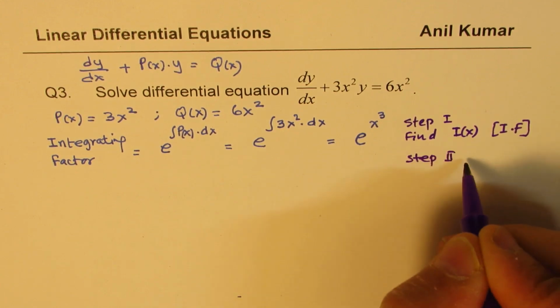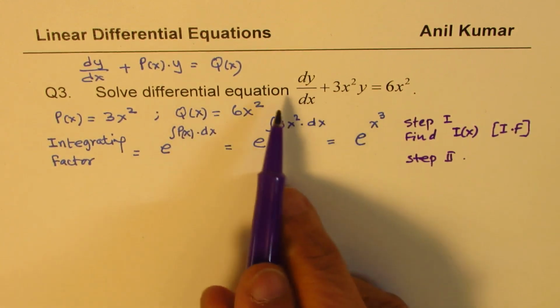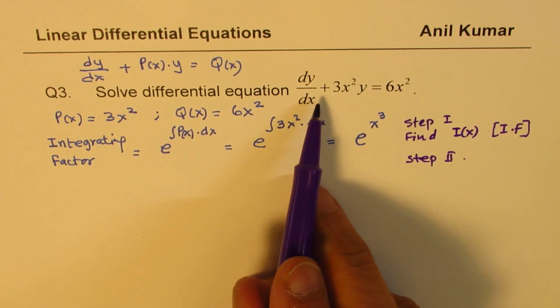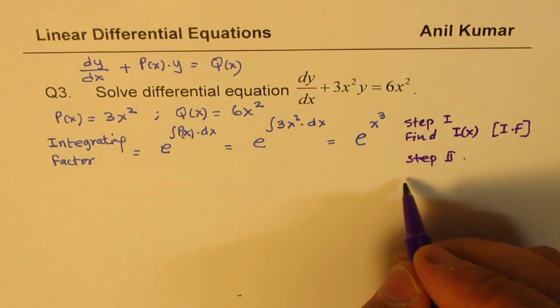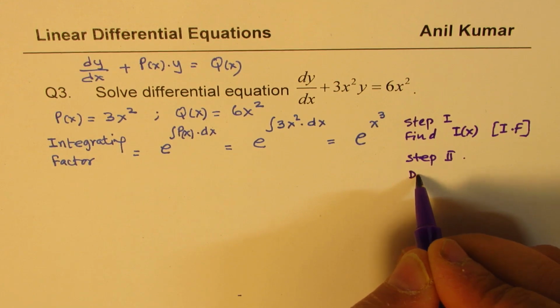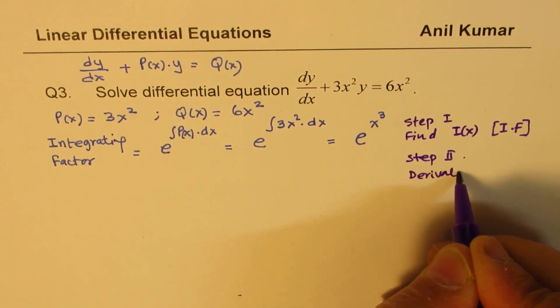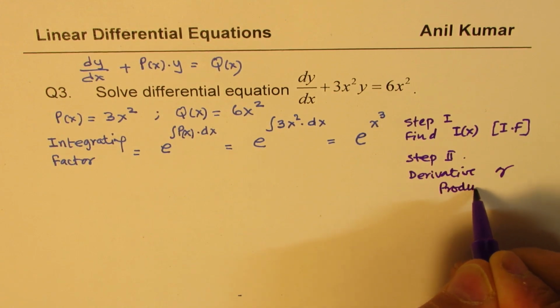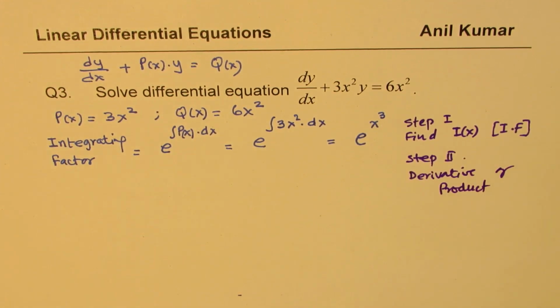Now what is step 2? Step 2 is, when you multiply the equation by the integrating factor, you get the derivative of a product, right? So step 2 is to write it in the form of the derivative of a product, right? So we'll go in steps.